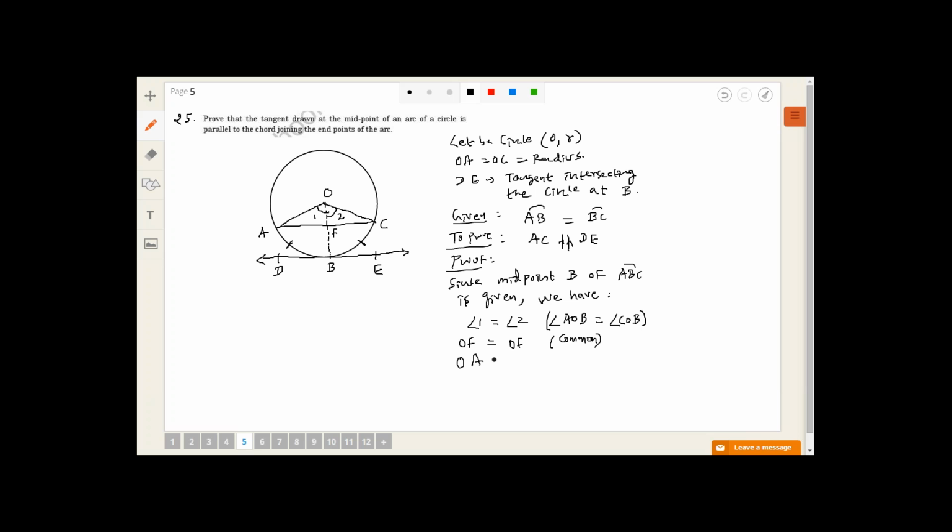Also, OA is equal to OC, that is equal to the radius, which I had already mentioned earlier in the problem. So triangle AOF is congruent to triangle COF by SAS congruency.